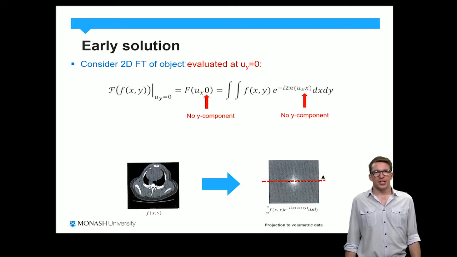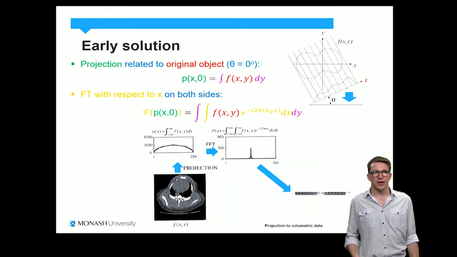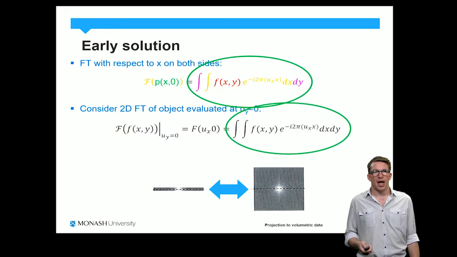Now, if we just consider the strip indicated by the red dashed line here, which is parallel to the x-axis, then we effectively have just the middle strip of the two-dimensional Fourier transform. So there's no y component to that strip of the Fourier transform. Now, if we take that middle strip and compare it to what we've showed previously, which was the first step of the Fourier slice theorem for our scanner at theta equals 0, and we compare those two, what we see is that we get the same answer.